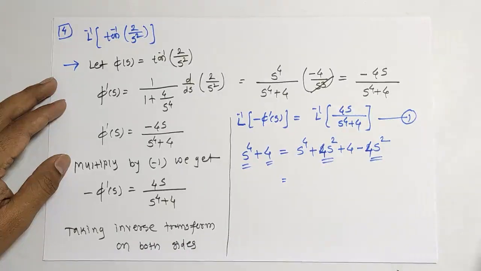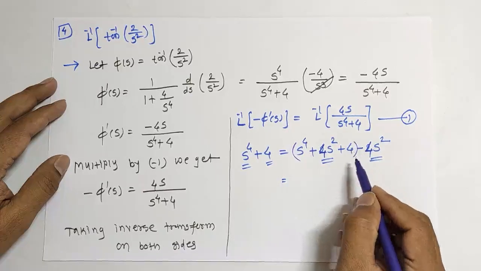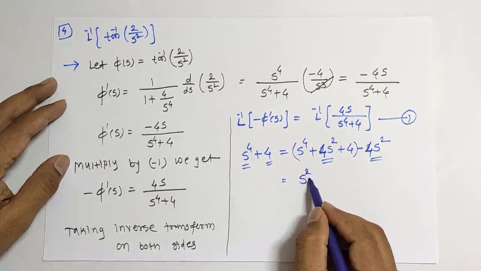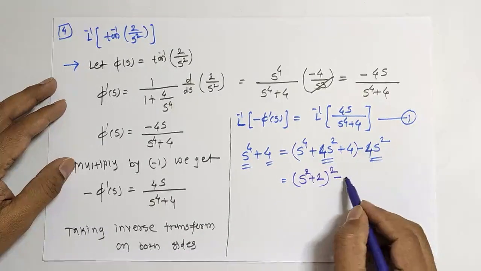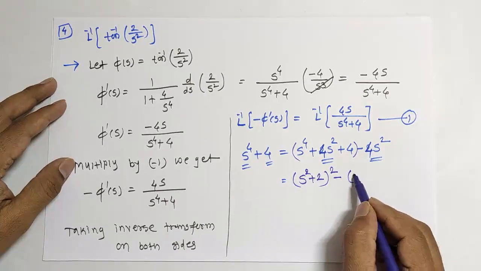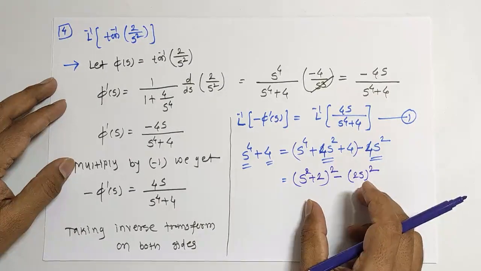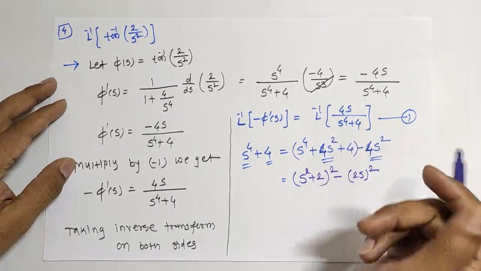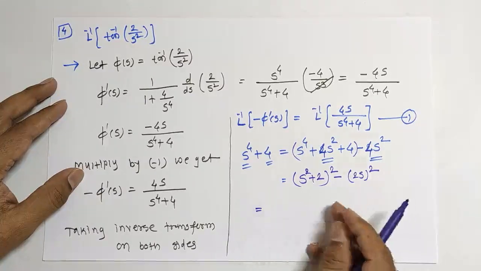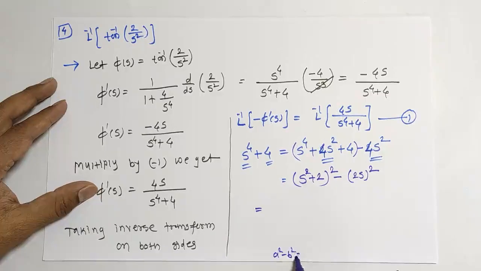Now completing the square, right? From first three terms you can write (s square plus 2) bracket square, minus, from this you can write (2s) bracket square. So this is the adjustment that we are going to do in the denominator of this s raised to 4 plus 4. After this you can use the formula a square minus b square is equal to a minus b into a plus b.